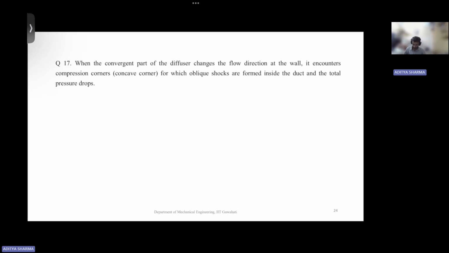Last question: when the convergent part of the diffuser changes the flow direction at the wall, it encounters compression corners for which oblique shocks are formed inside the duct and the total pressure drops.